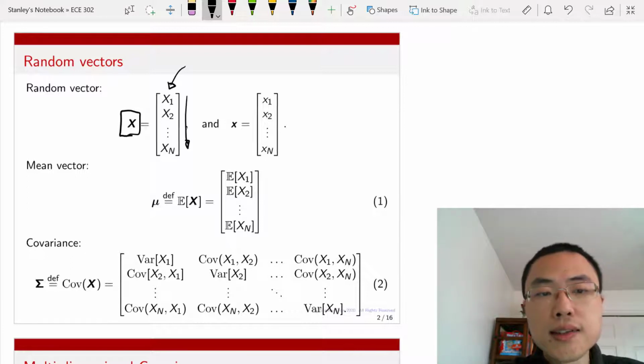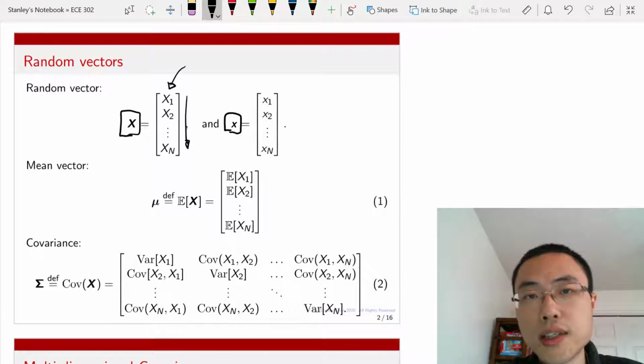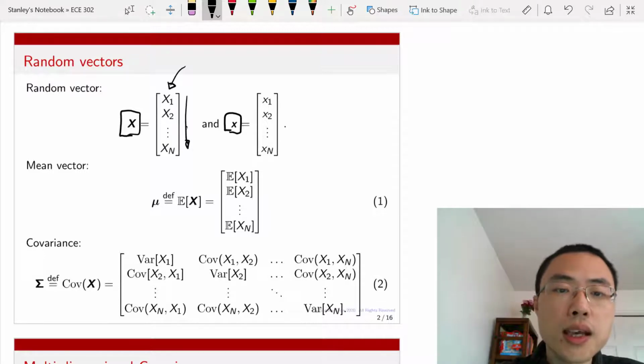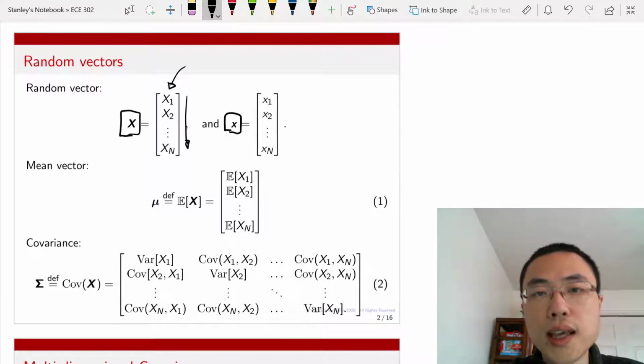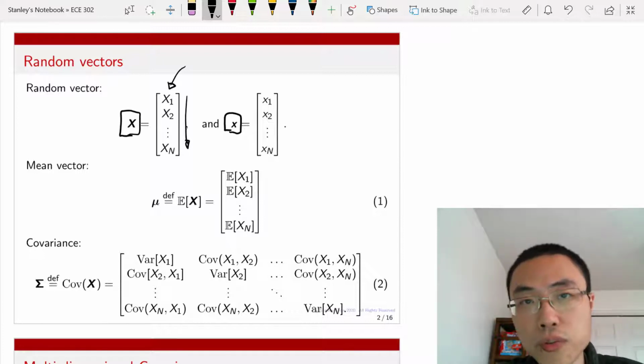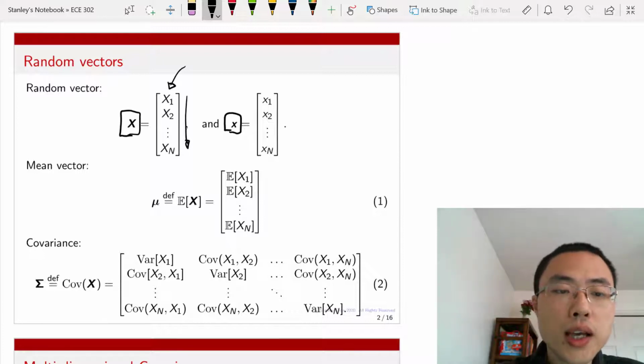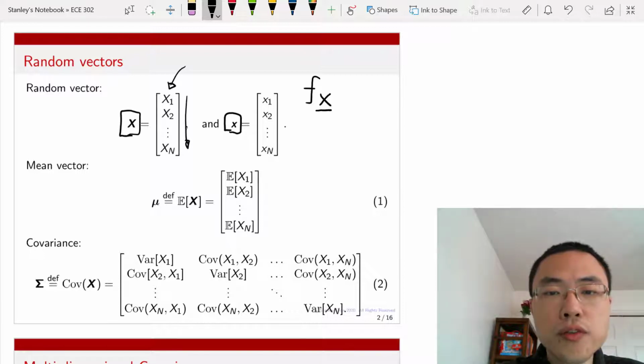The state that this random vector x takes is denoted by this small x. It is another vector, and this vector also has n elements, which is the same dimension as the random vector. So we can ask, what is the probability distribution for this random vector?